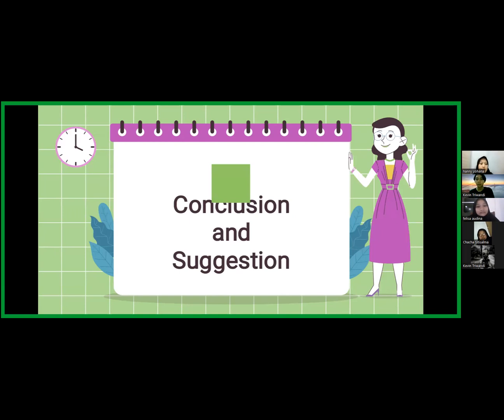Okay, thank you to the presenters who have told us about the definition and elements of prosodic and suprasegmental phonology. To sum up, prosodic and suprasegmental phonology are two important aspects of linguistics.